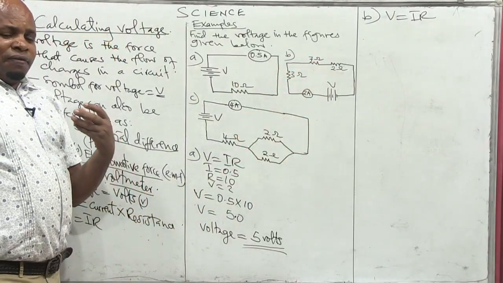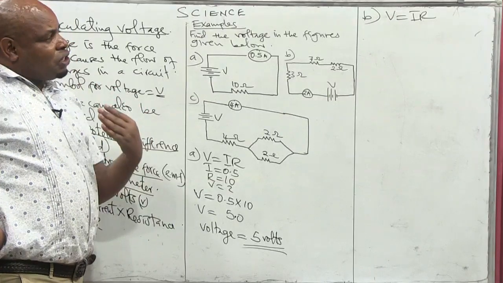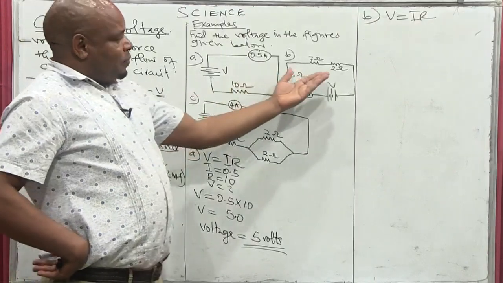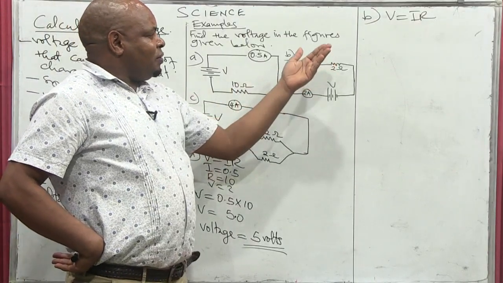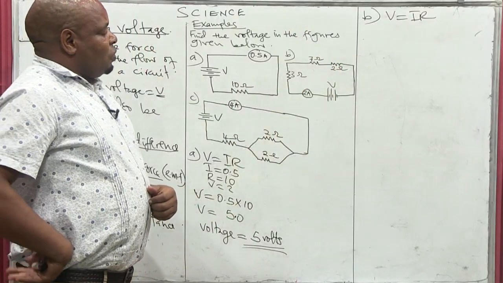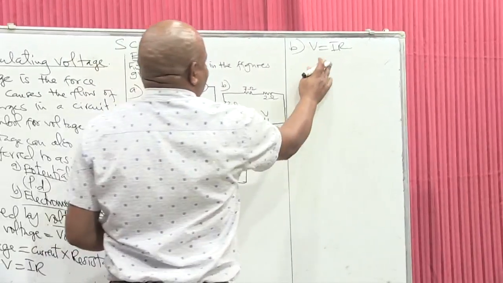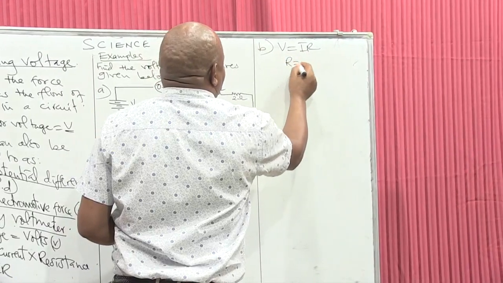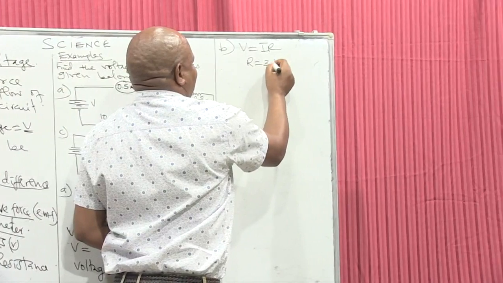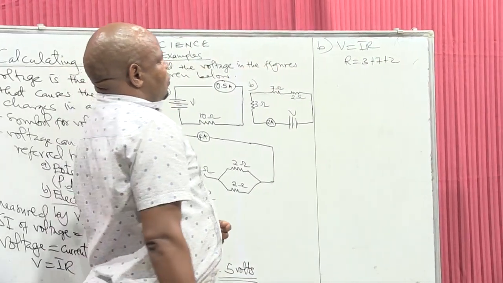To get the total resistance in a series circuit, you add up directly. You add 3 plus 7 plus 2. So from our figure, we can easily get our R, which is 3 plus 7 plus 2, which is 12.